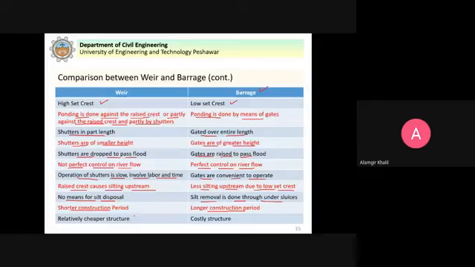The only significant advantage of the weir compared to the barrage is that it is a relatively cheaper structure, and barrages are costlier. But you can see that the advantages of barrages are more as compared to the weir. So that's why nowadays barrages are preferred over weirs.